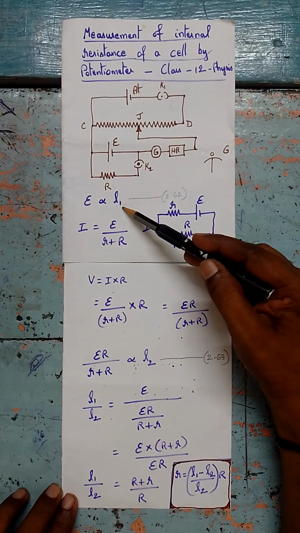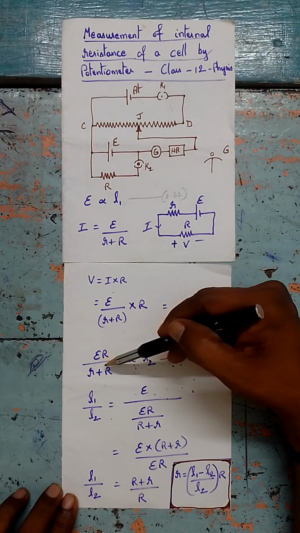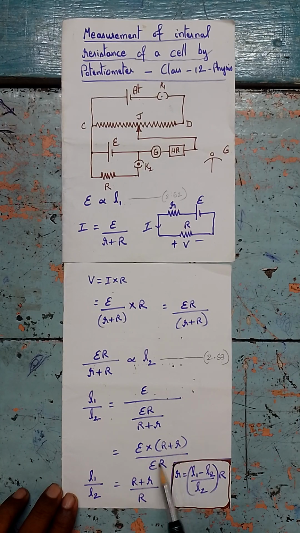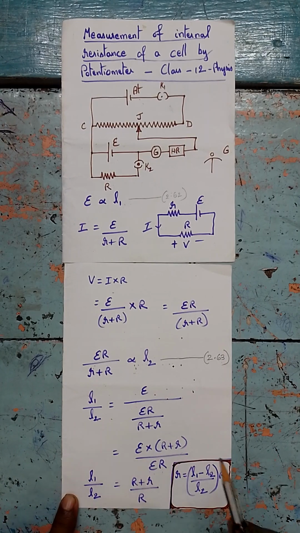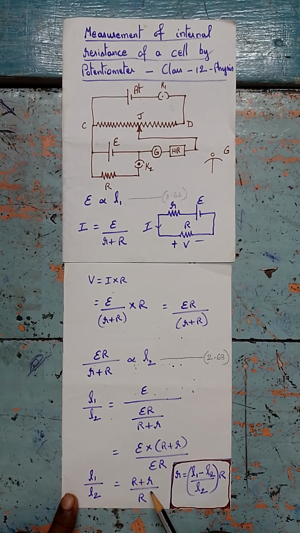L1 divided by L2 is E divided by ER by R plus r. So this will give you E into R plus r by ER. E gets cancelled and you will be having R plus r by R. That is L1 by L2 is equal to R plus r by R. Therefore, after mathematical simplification, you will get small r is equal to L1 minus L2 by L2, into R.